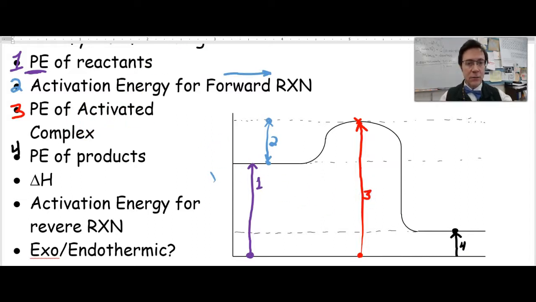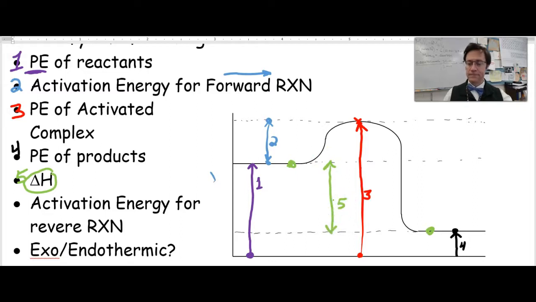All right, finally, well, actually not finally, let's look at number 5, delta H. Well, delta H is always the difference between reactants and products. So I have to go from here to here. I guess I'll draw it right here.